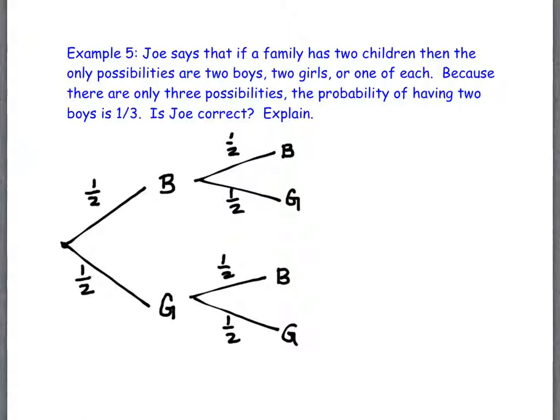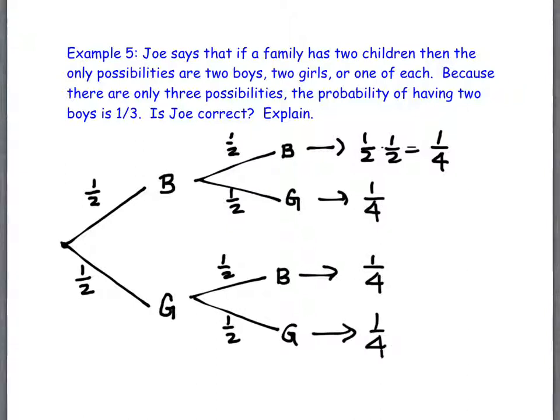So if you want to know what each of their probabilities are, they're each 1/2 times 1/2, which would be 1/4, right? So each of these branches individually gives me a 1/4 probability. So what is the probability actually of having 2 boys, which is what he was looking at? 1/4. It's actually 1/4. It's this branch here at the top.